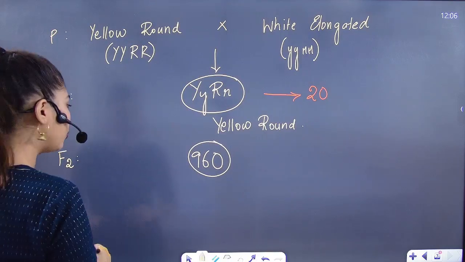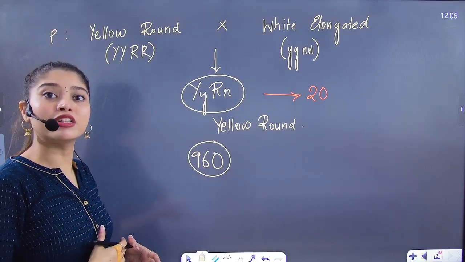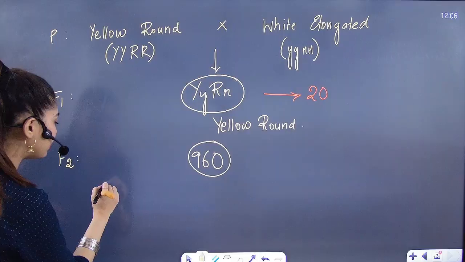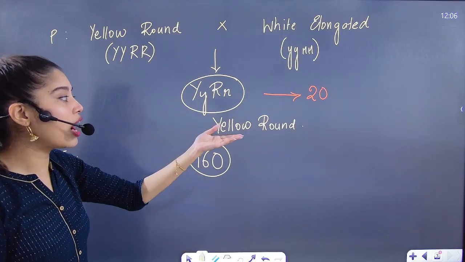Now we do not need to work out the entire Punnett square. We know the phenotypic ratio, because the question asks how many are round and yellow.